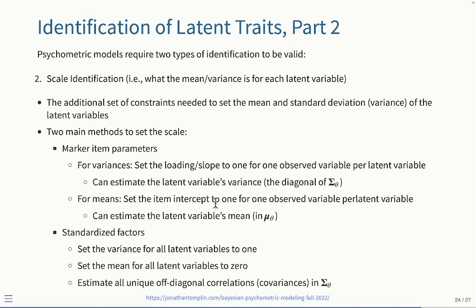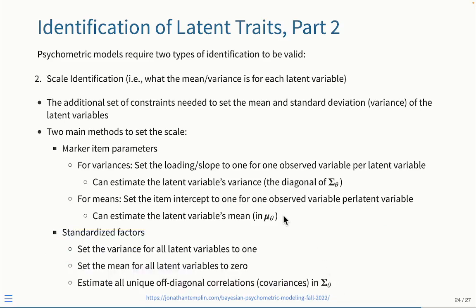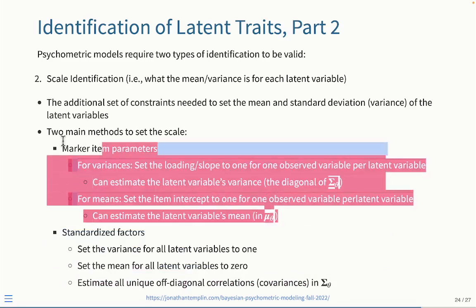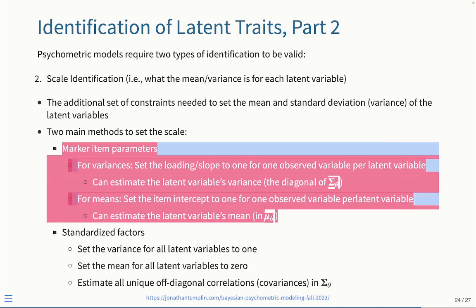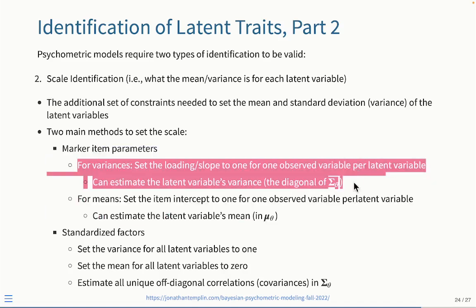Now, there are different rationales for using either. If you're looking to put people on a common metric, standardized factors works just fine. If you're looking to do something with your latent variables, however, marker items are needed. For instance, if you have a latent variable and you predict it simultaneous to your measurement model, as in a structural equation model, you will need a variance for that latent variable that can be different from a constant.